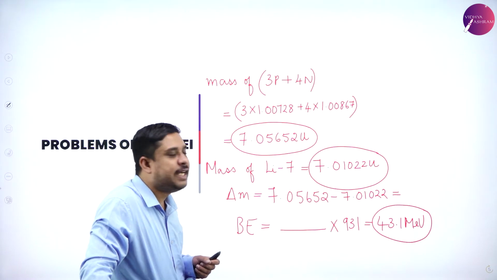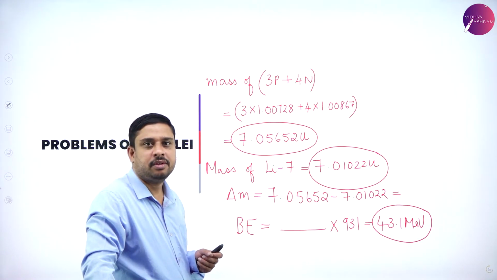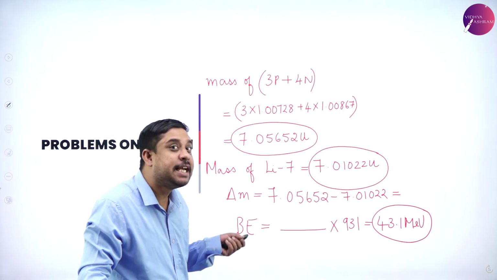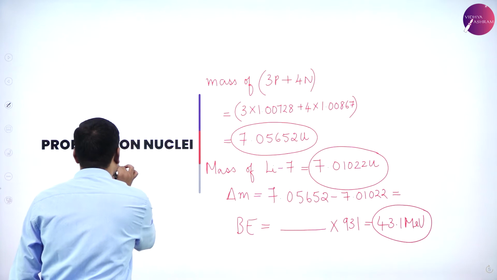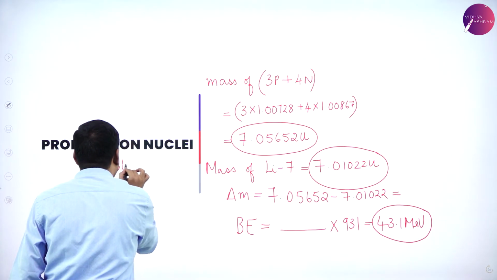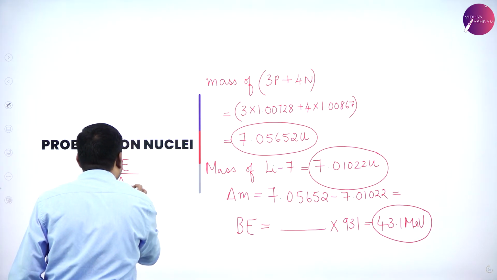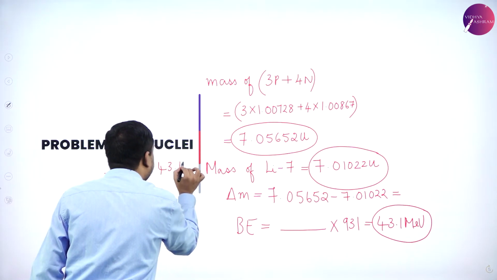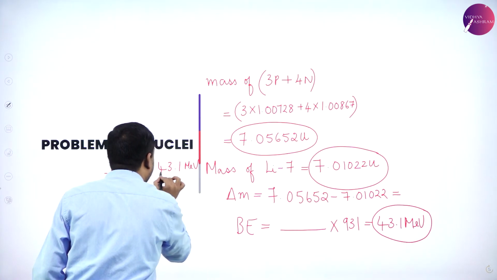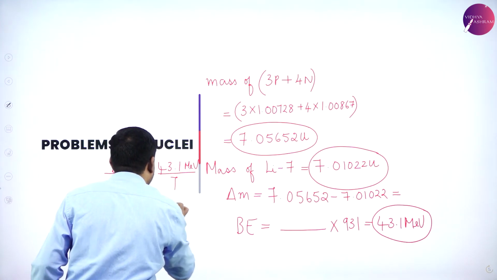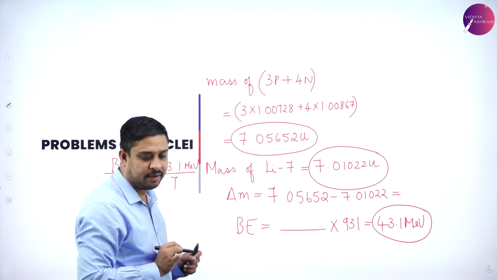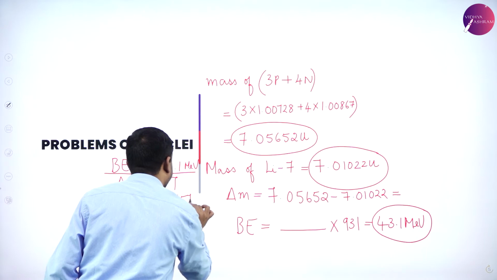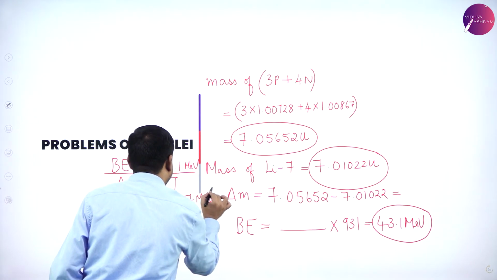Now I have got the binding energy, but I have to find binding energy per nucleon. So binding energy per nucleon is divided by A. 43.1 MeV divided by 7, mass number is 7, which is nearly 6.157 MeV.